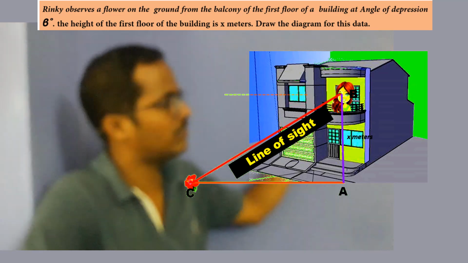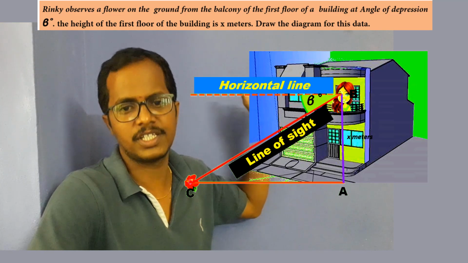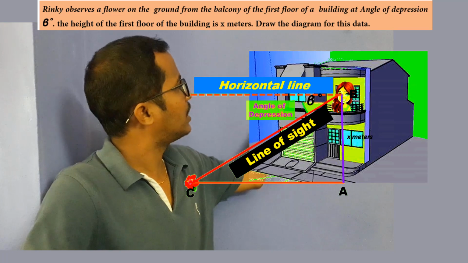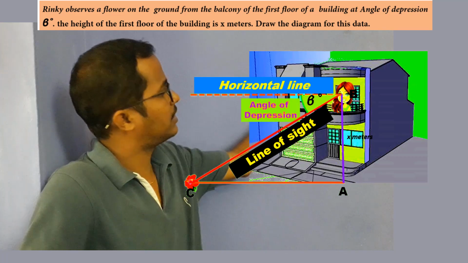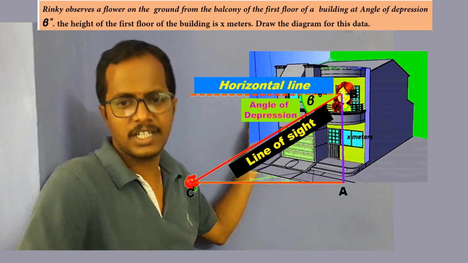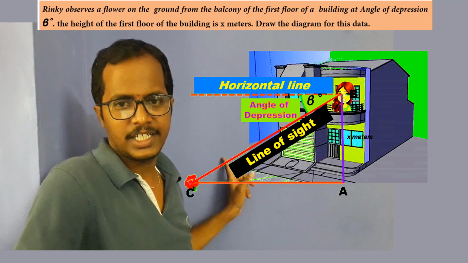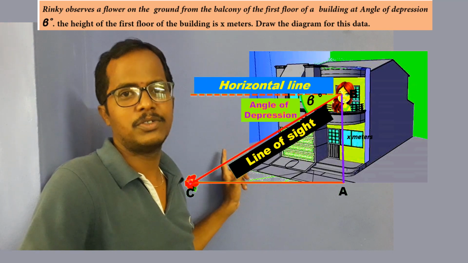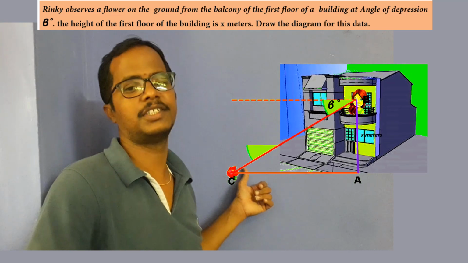This is the angle of depression, which is given as beta degrees in this situation. Now this horizontal line and the ground are parallel lines, and the line of sight is the transversal. These two angles are alternate interior angles, so this angle also becomes beta degrees.